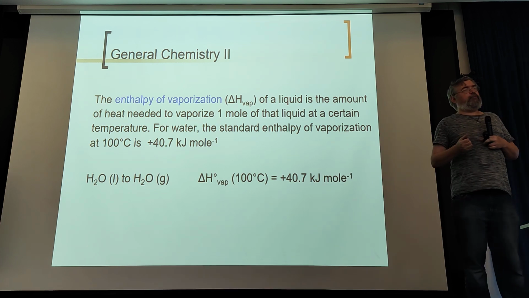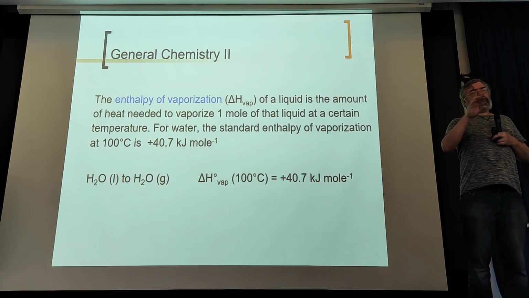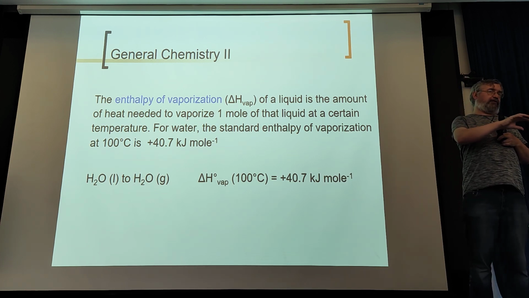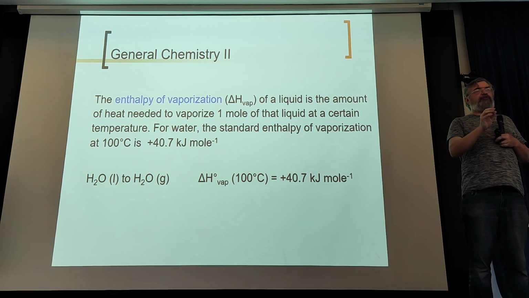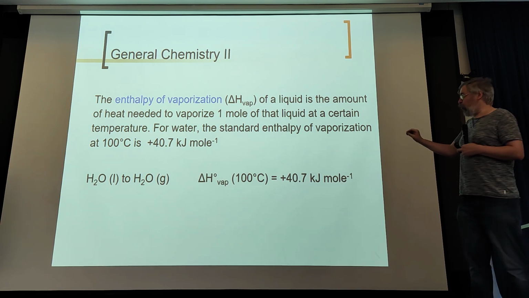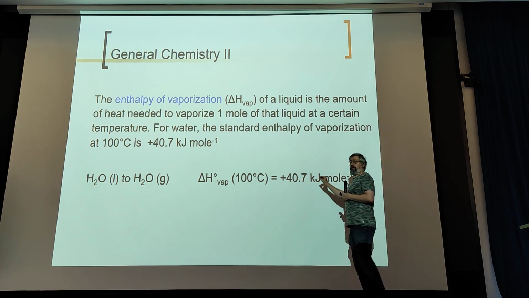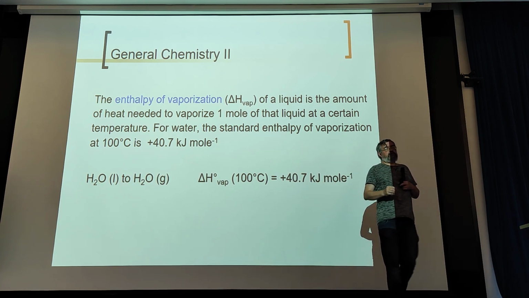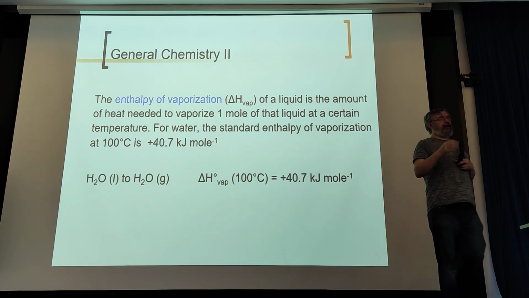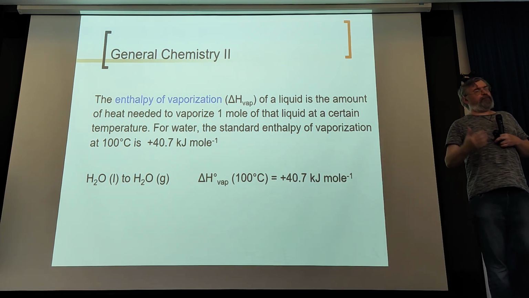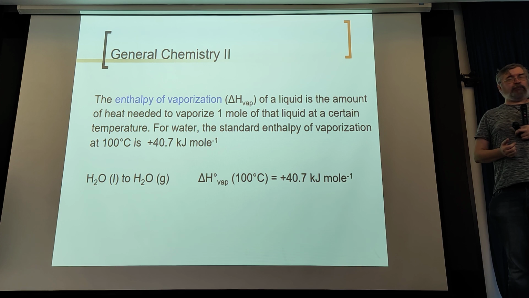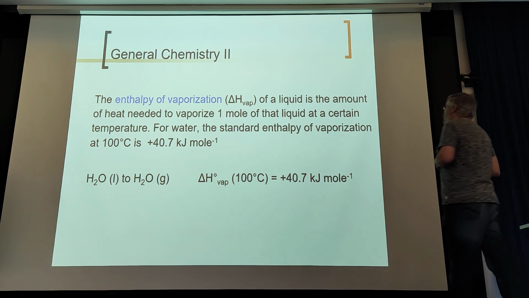If we go between the two condensed phases, solid and liquid, we break some of the interactions, but not all of them. So for that, we need only 6 kilojoules per mole. To break all of the interactions, we need 41 kilojoules per mole. But these are not bonds, but interactions, hydrogen bonds between the molecules.